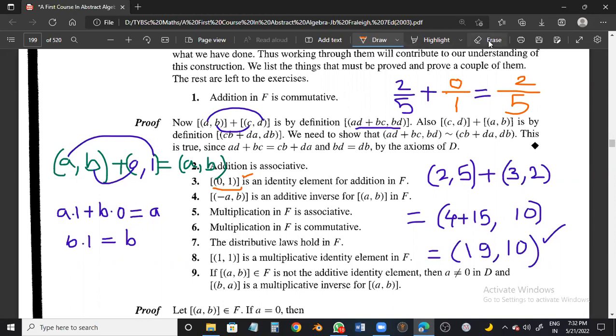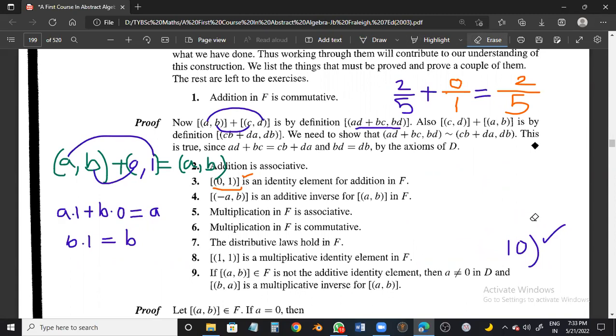Now, what will be the additive inverse? What will be the additive inverse? Very directly, what will be the additive inverse? If I have A upon B, I will add something to this so that the answer will be 0 by 1.